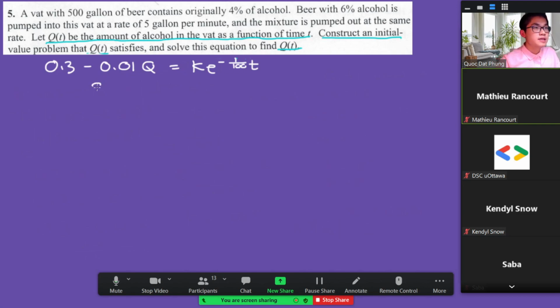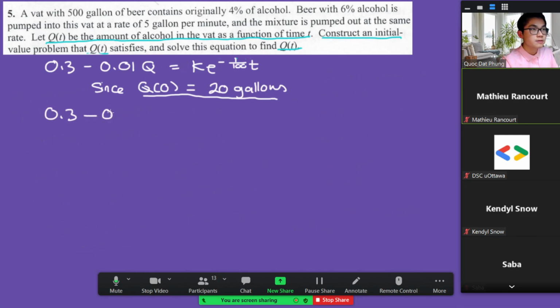Since Q0 is 20 gallons, we need to substitute in a variable in order to solve for K. In the beginning, if you remember, we found out that Q0 is 20 gallons. So substituting things in, we get this is equal to K times this over 100 times 0.